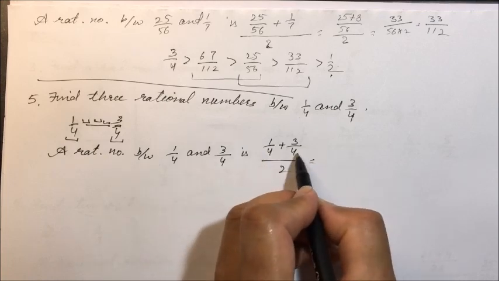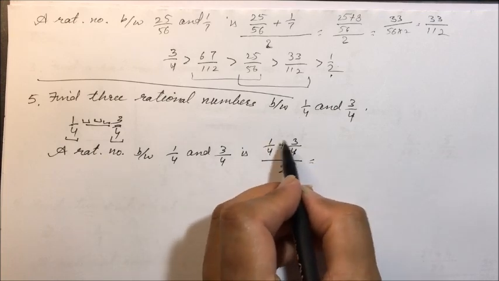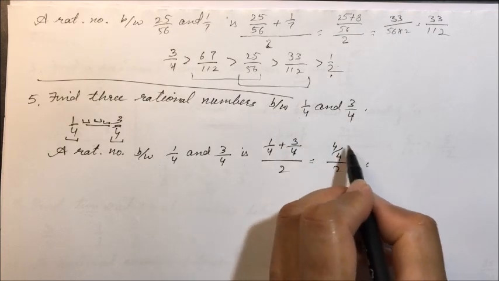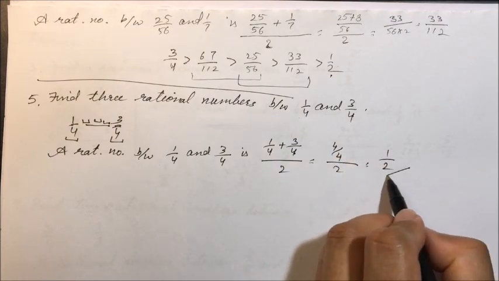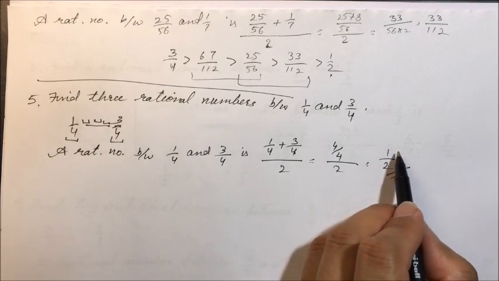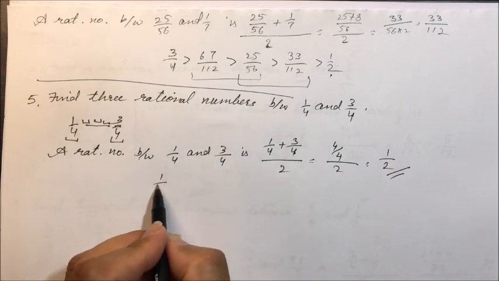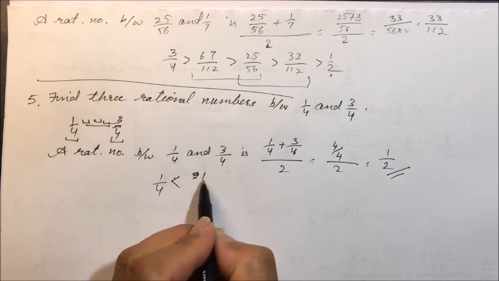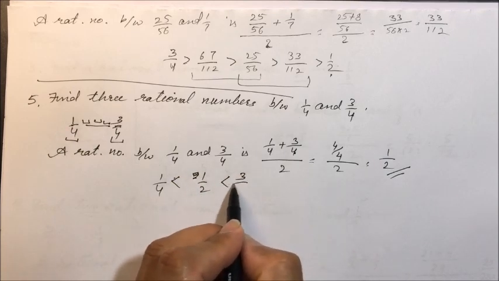It comes out to be, the denominator is same, so 4 upon 4 divided by 2. It will be 1 divided by 2. So we have inserted one rational number and it will look like 1 by 4, 1 by 2, 3 by 4.